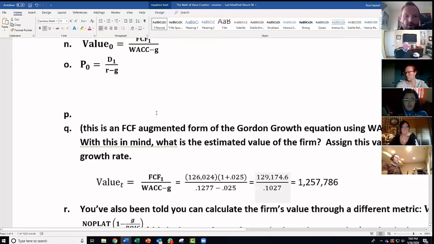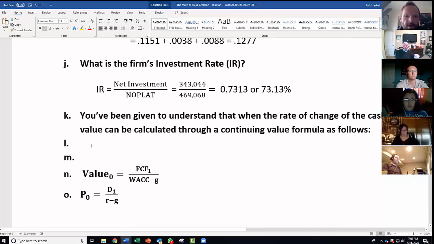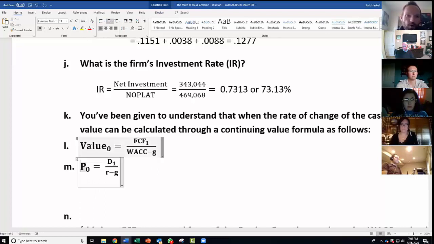Yeah. So ultimately what it comes down to is that you're really calculating the same thing, but the version of the free cash flow equation you used within the overall value equation is the difference, I guess.